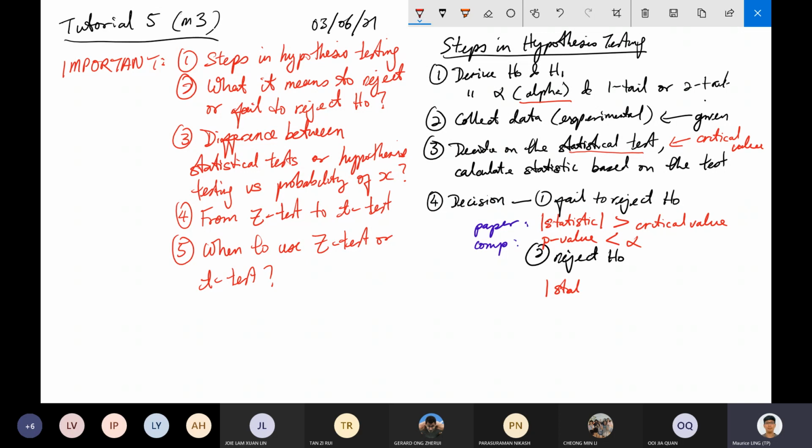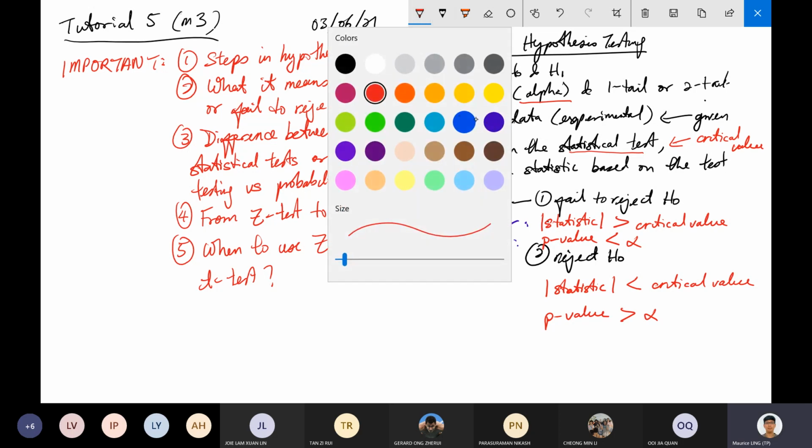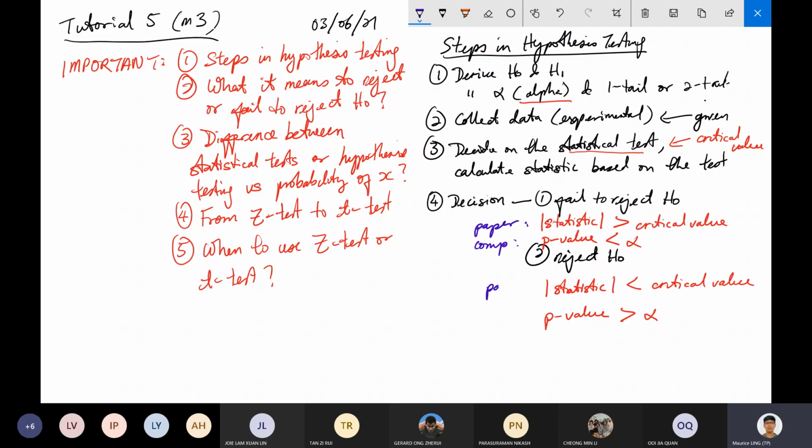The statistic that you calculated in step number 3 is smaller than the critical value. In computational terms, the p-value is larger than the alpha value. So either one. This is the paper version. This is the computer version.